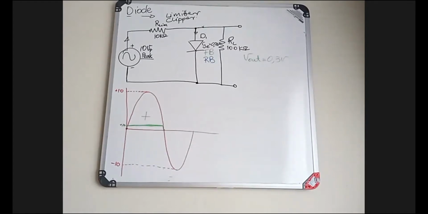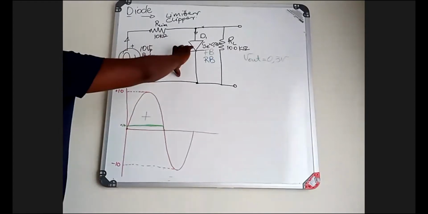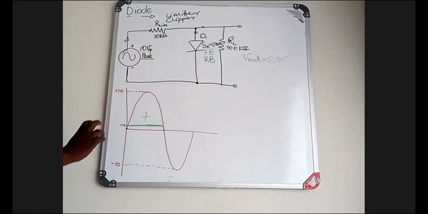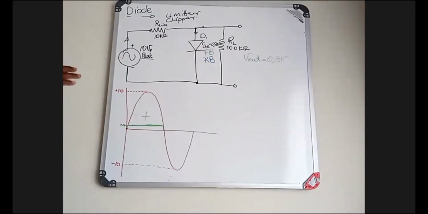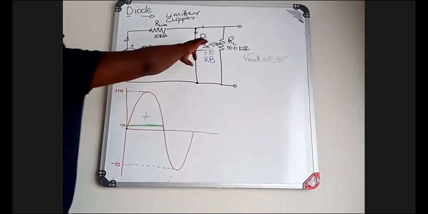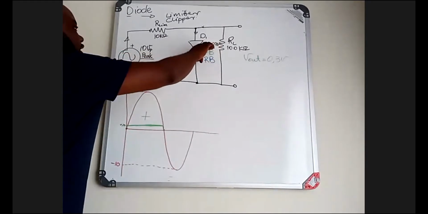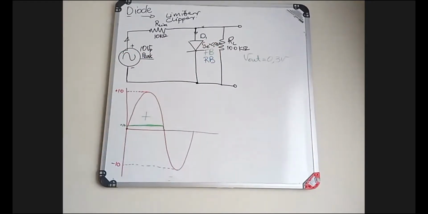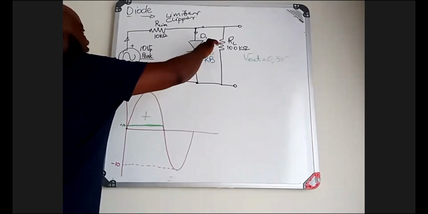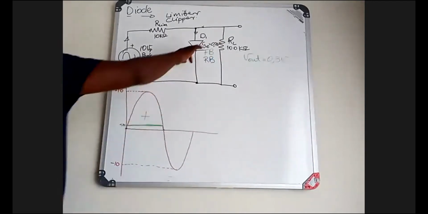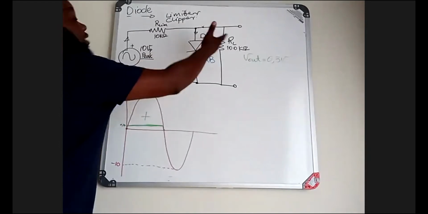Now, with these types of circuits, what this circuit does to the input is eliminate everything that is beyond this voltage here. Beyond this voltage, it is a positive 0.3 volts.